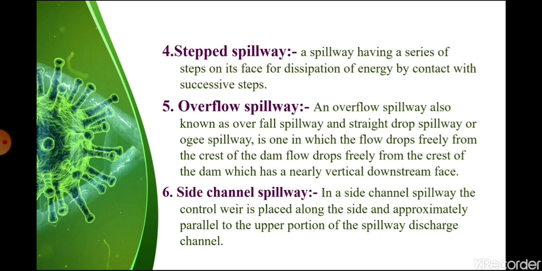Now the overflow spillway. All kinds of spillway can be identified by their names. An overflow spillway is one in which flow drops freely from the crest of the dam and has nearly vertical downstream faces. Another one is the side channel spillway.